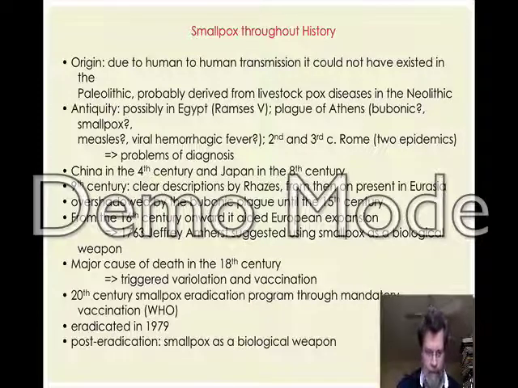It's also an important disease in the context of the spread of the European disease pool, because the most effective weapon of Europeans in the conquest of the Americas basically was smallpox. The native populations in the Americas, both North and South America, had never been exposed to smallpox. They had no immunity.